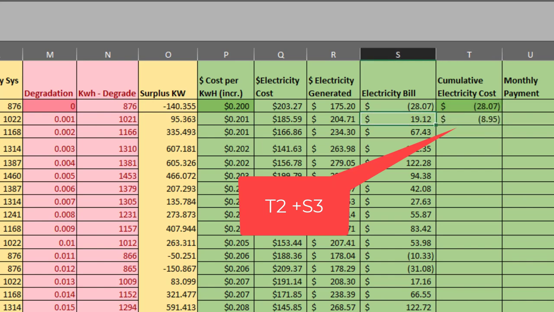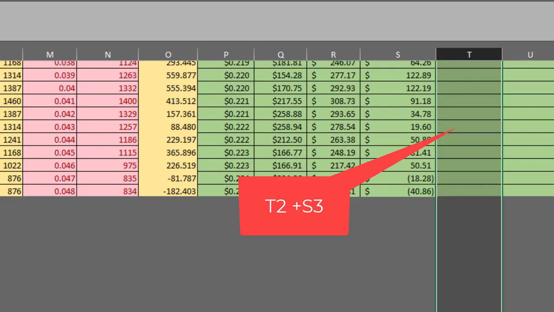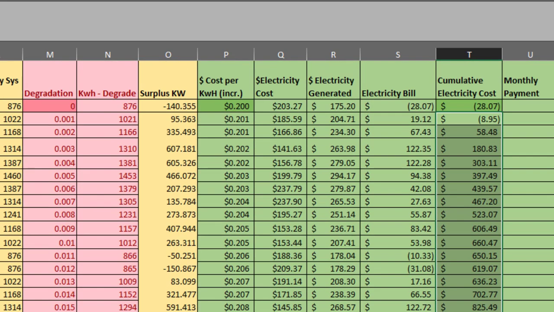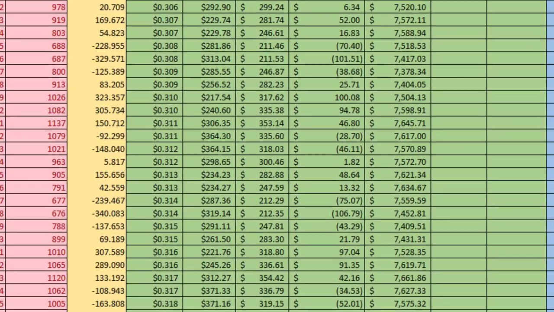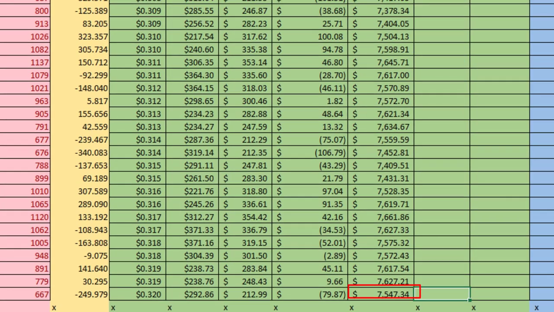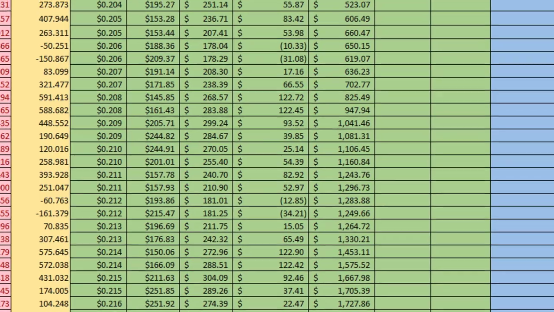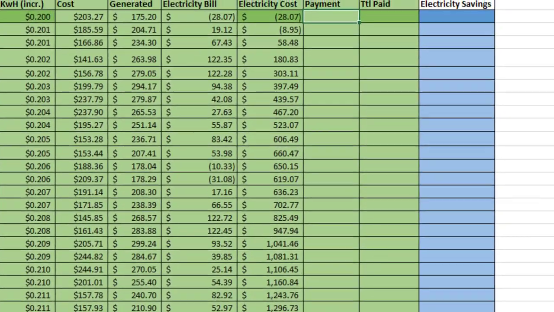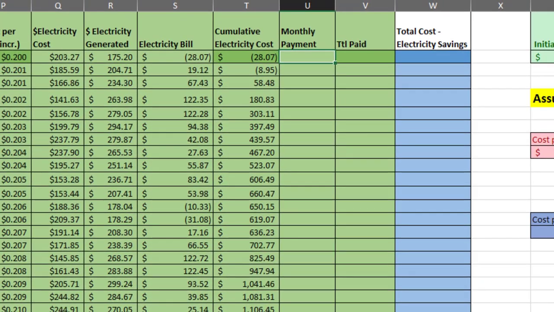We made a little bit of money on our electricity bill, $19.12, so over 2 months we only paid out about $9. If we copy that all the way to the bottom, we begin to see that overall the electricity company would have sent back to us $7,500, which would go a long way towards paying for the solar system itself.